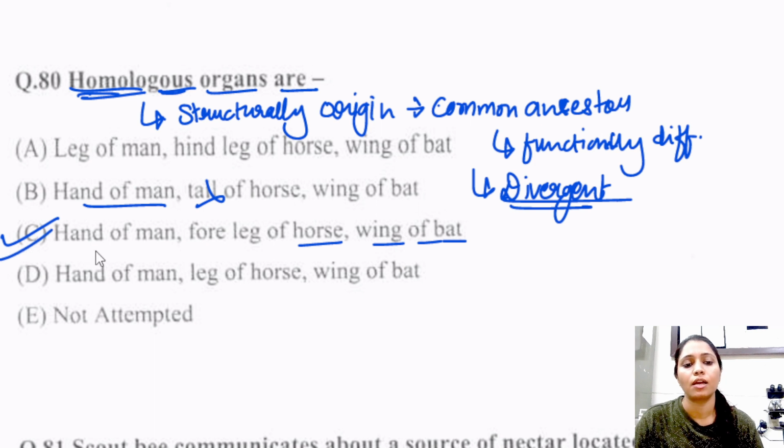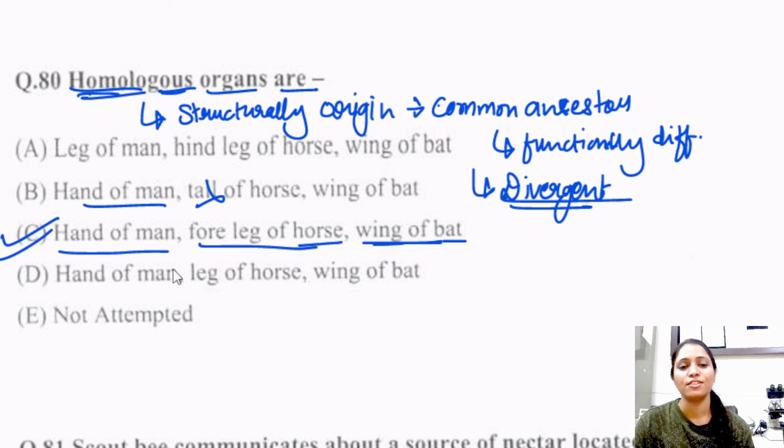This is the correct answer because these are functionally different but structurally similar organs. Forelegs, hand of man, and wings of bat. So option C is the correct answer. So that's about these questions. I hope you like this video.